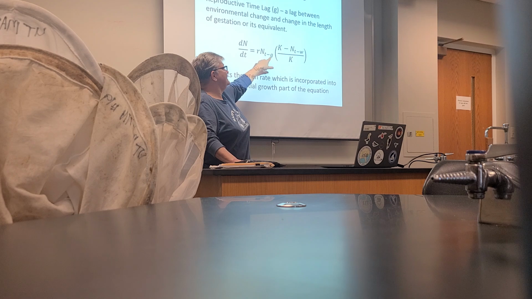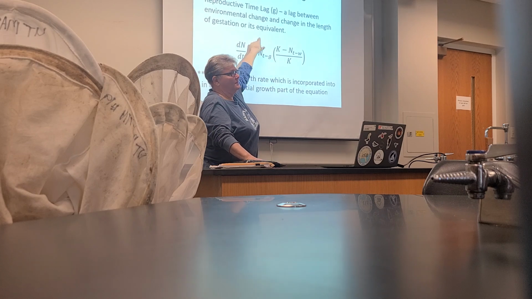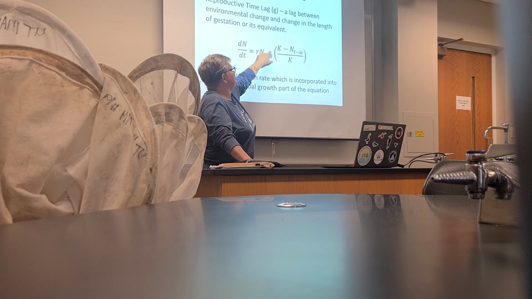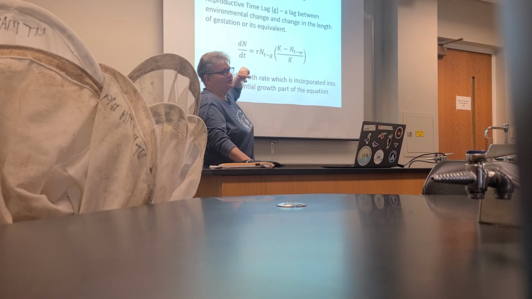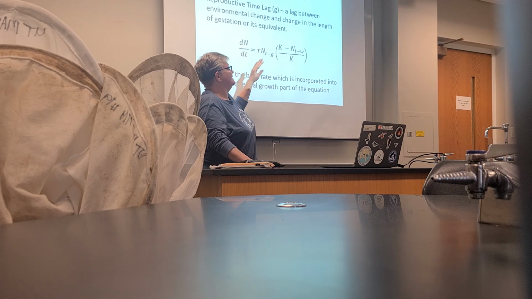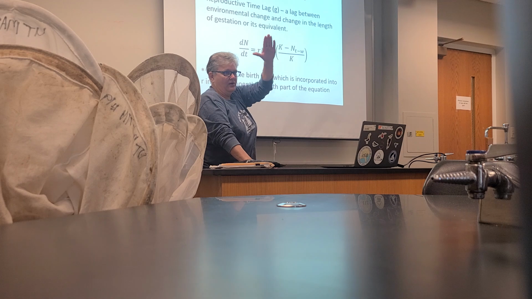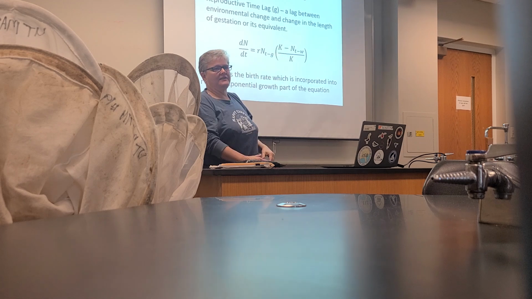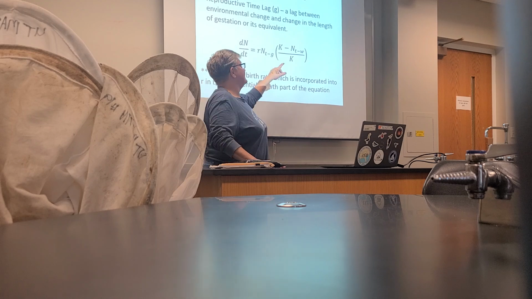We're adding that time lag, basically the length of the reproductive cycle, over to the exponential growth part of the formula, because reproduction is going to determine how fast your population can grow. Right? The exponential part is just your growth, but the angle of that growth depends on your R, right? And R is where we have the birth rate, essentially. And so that's why we're putting it on that side of the equation.